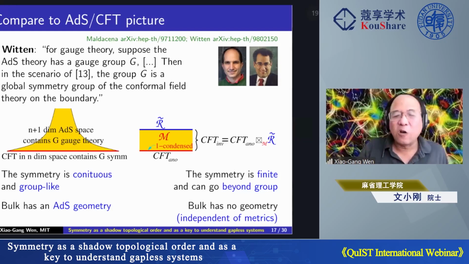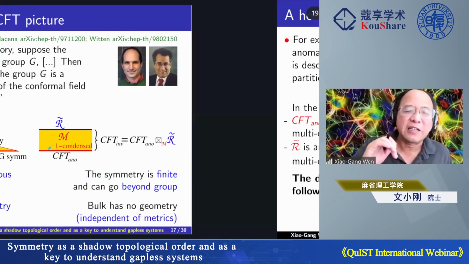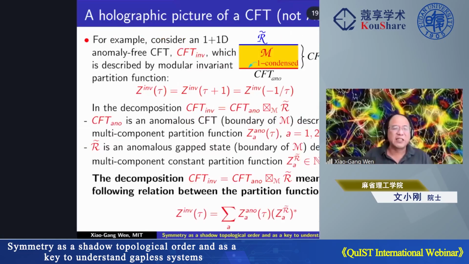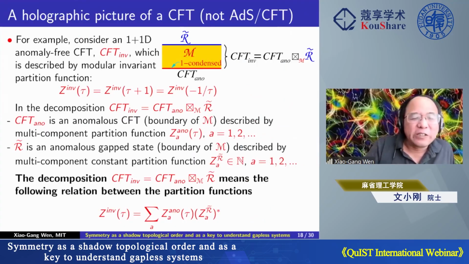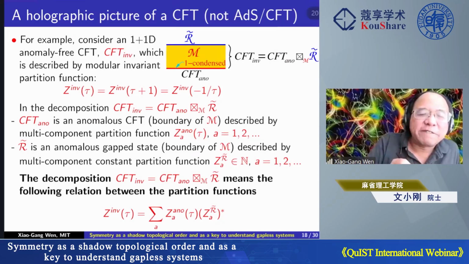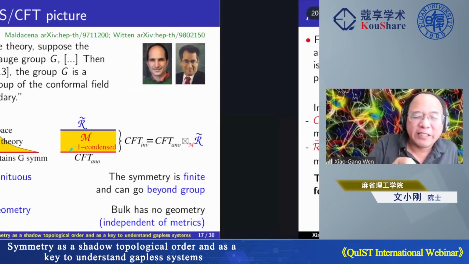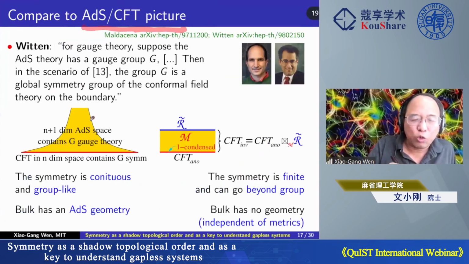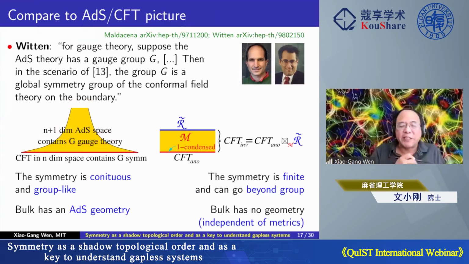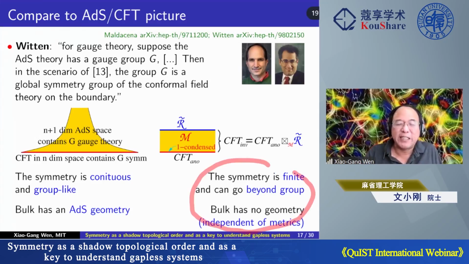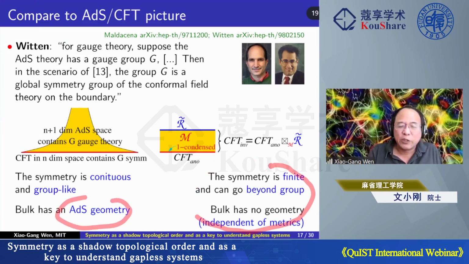Okay. So now let's continue and use this holographic picture to study CFT. In the AdS/CFT picture, the main application is using the holographic picture to study CFT, and here I want to do the same thing. However, because our setup is quite different from AdS/CFT, we don't have AdS, so our setup to study CFT is also different.